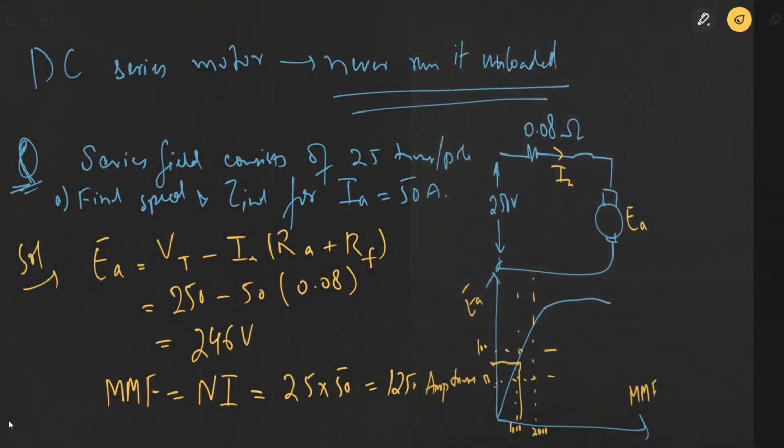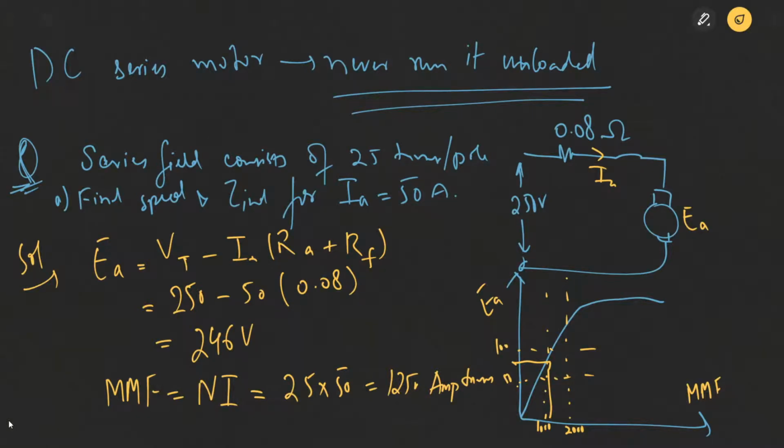In the question itself, the rated speed of this machine was given as 1200 RPM.